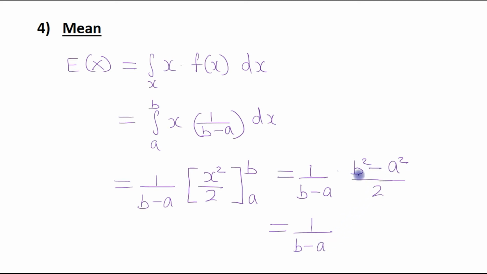We can apply the identity and this will become b plus a into b minus a. This will be cancelled out and the final answer will be E(x) equals a plus b upon 2. So we have calculated the mean in case of uniform distribution as a plus b upon 2.